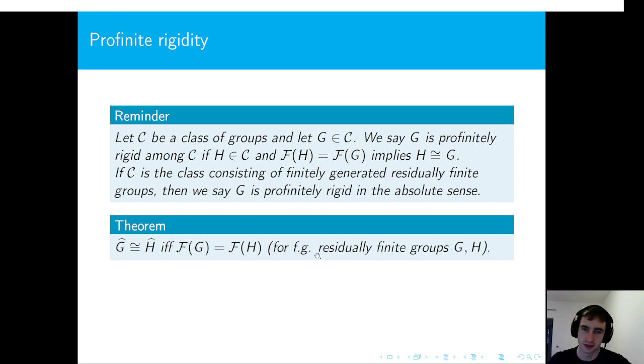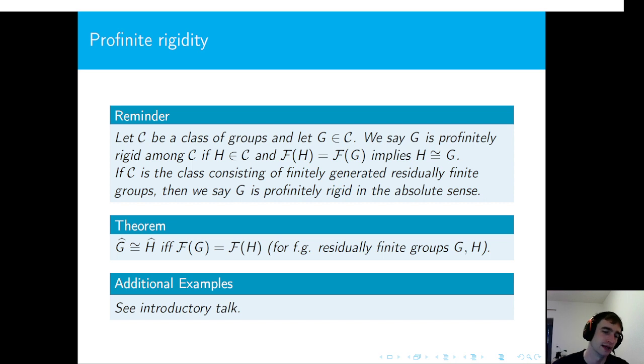And this theorem is only true for finitely generated residually finite groups, but Coxeter groups are finitely generated residually finite groups, as I told you in the first talk. So for more examples of this, you can see the introductory talk, and at the very end of this talk, I'm giving some literature to learn more.